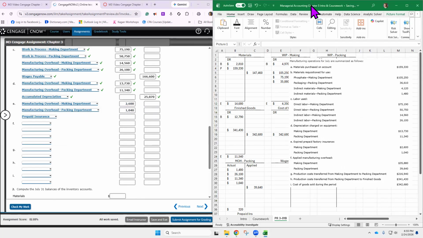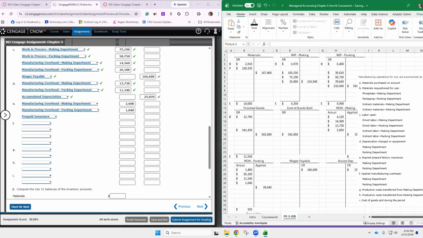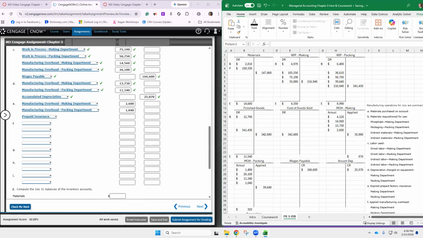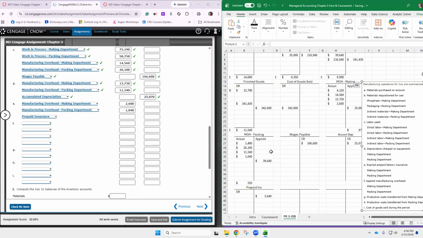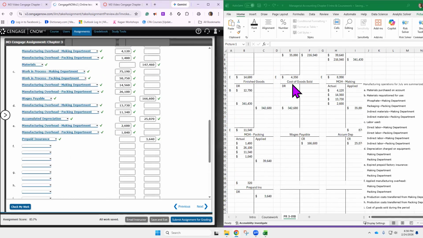You add those two numbers together: prepaid insurance is 3,640. Whatever we've done, we'll go back and make sure that we've accounted for everything in these accounts, because you're going to need to know some balances in these accounts to answer at the bottom. Okay, we're ready for F.